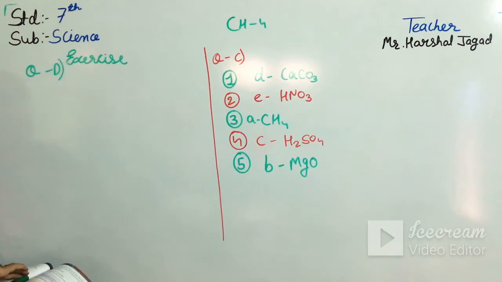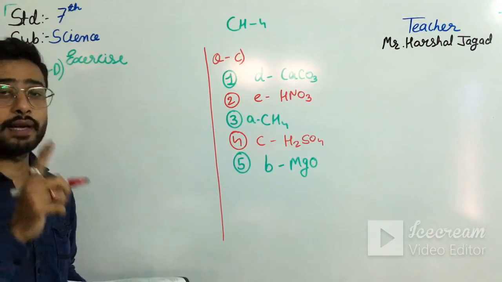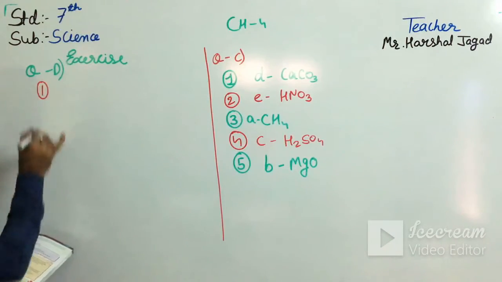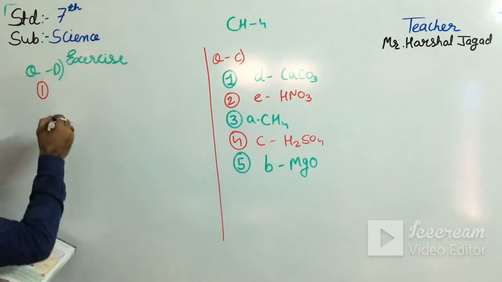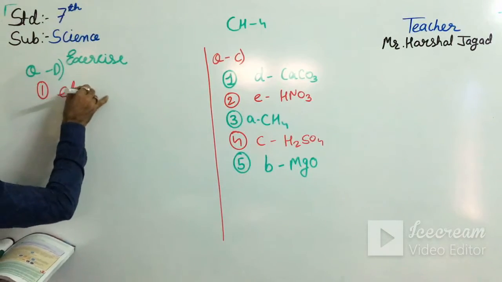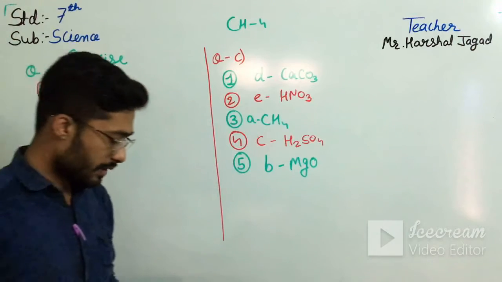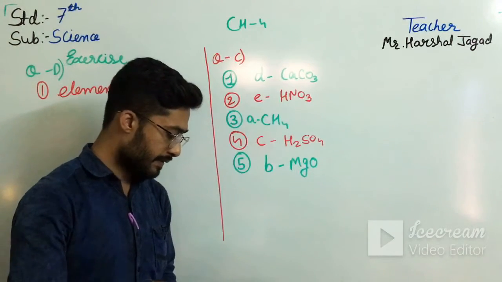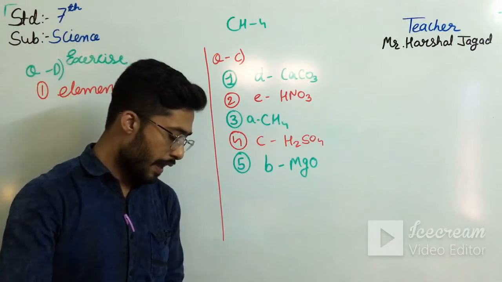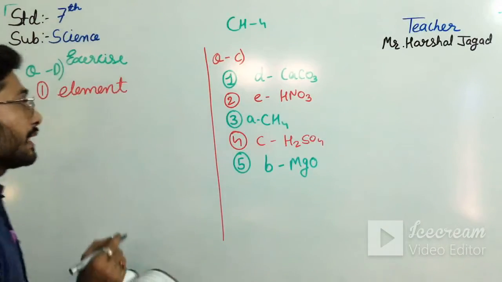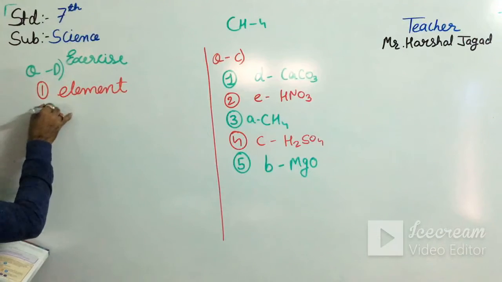Which is a substance that is made up of only one kind of atoms? The substance which is made up of only one kind of atom, that is known as element. Second one, the abbreviation used to represent elements, that is known as chemical symbols.